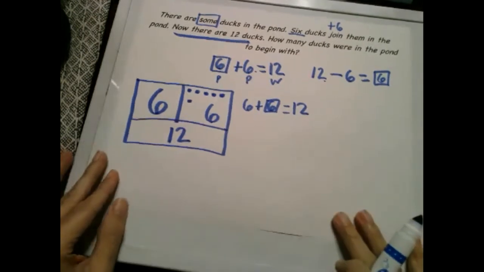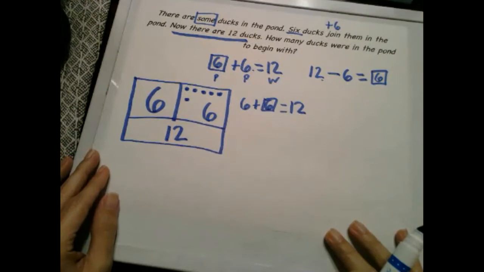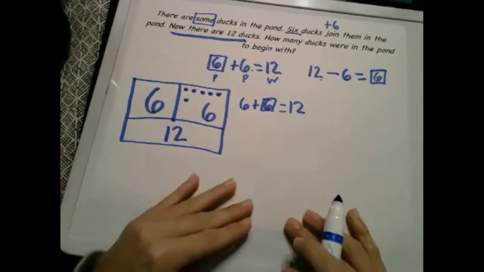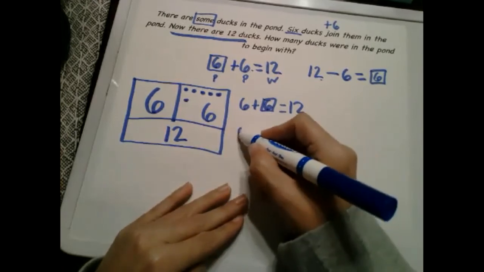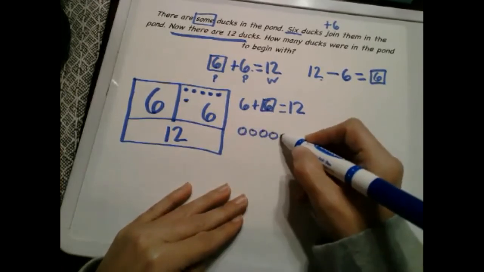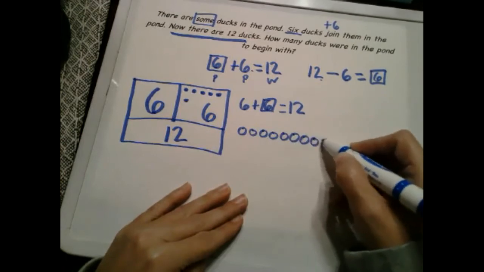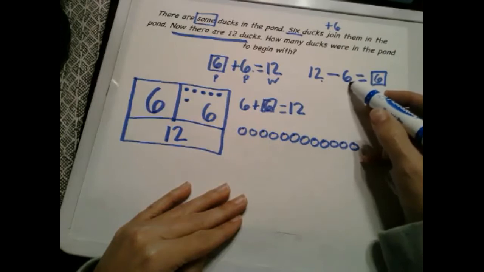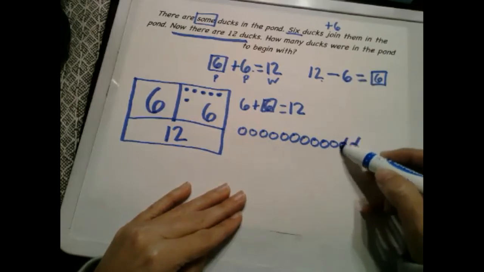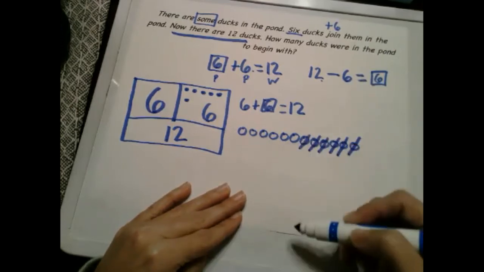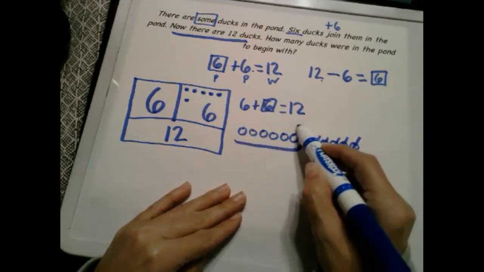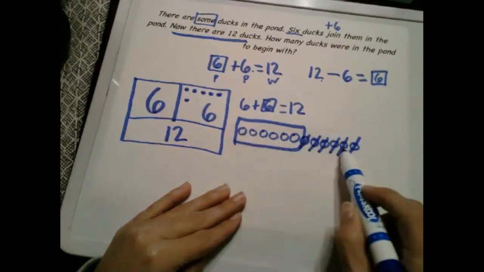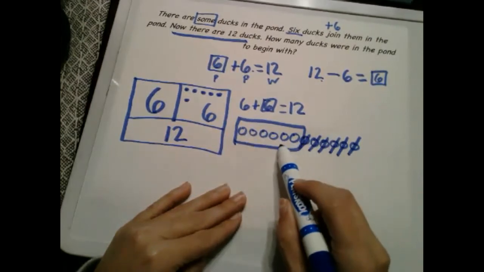Is there another model we could use? Great thinking. We could draw out our 12. I could minus the 6 that I know, and that leaves me with 6 left. 12 minus 6 equals 6.